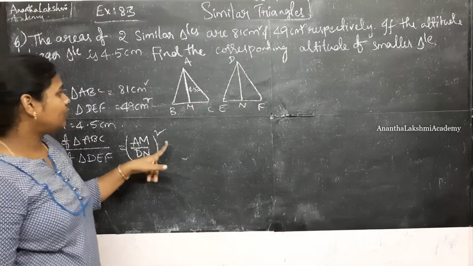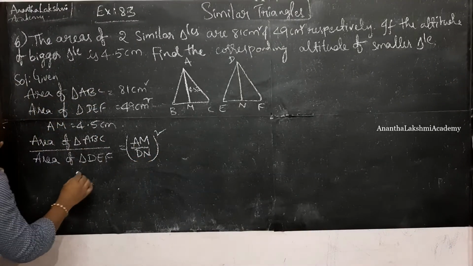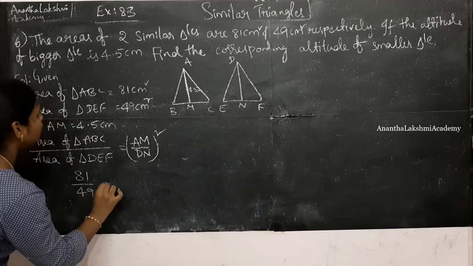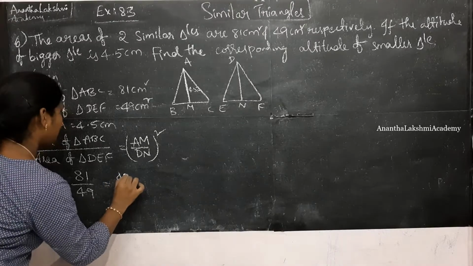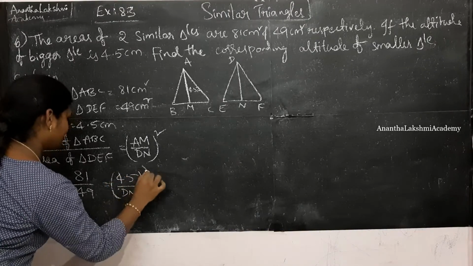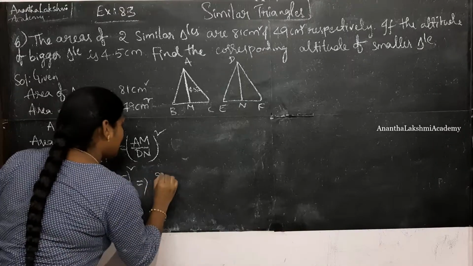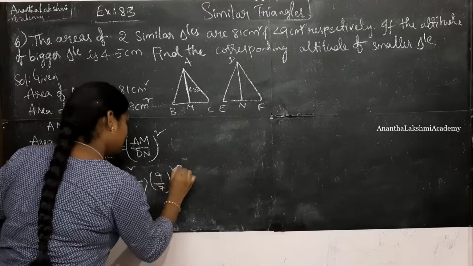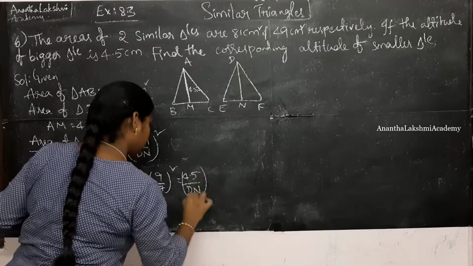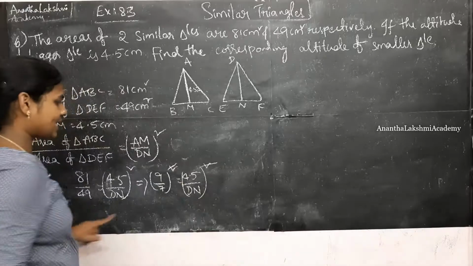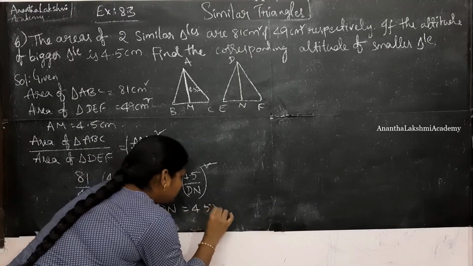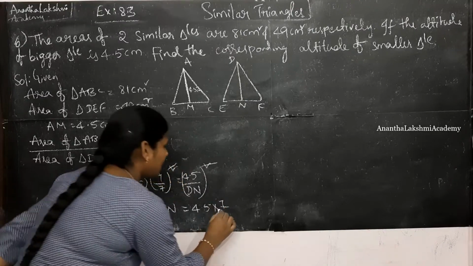Isn't it? So, here that becomes 81 by 49 is equal to AM, which is 4.5, whole square by DN square. Write as 9 by 7 whole square is equal to 4.5 by DN whole square. Square gets cancelled. Now DN becomes 4.5 into 7 by 9.